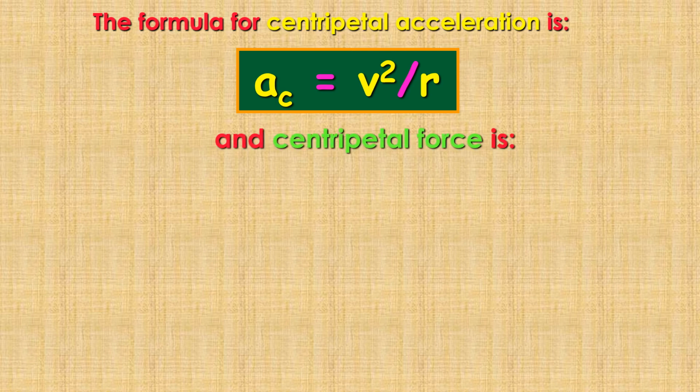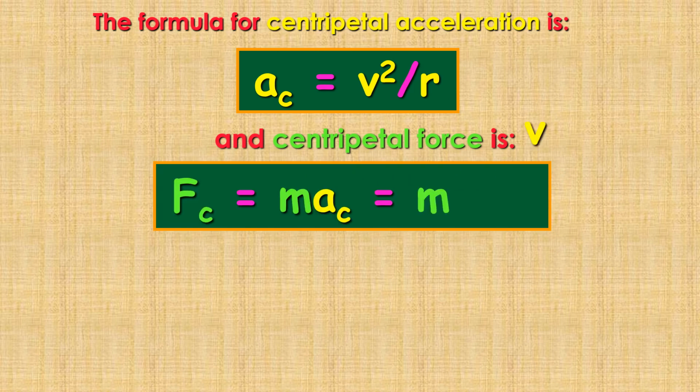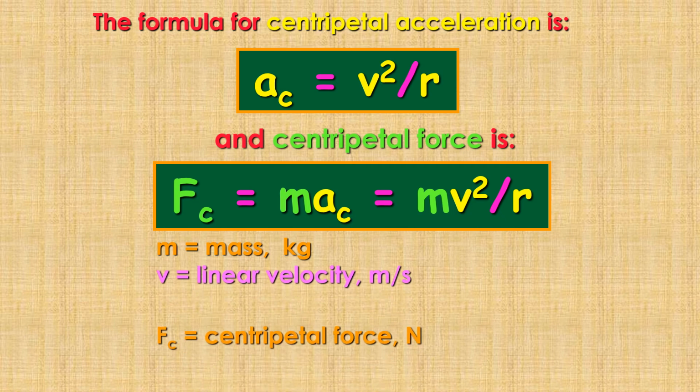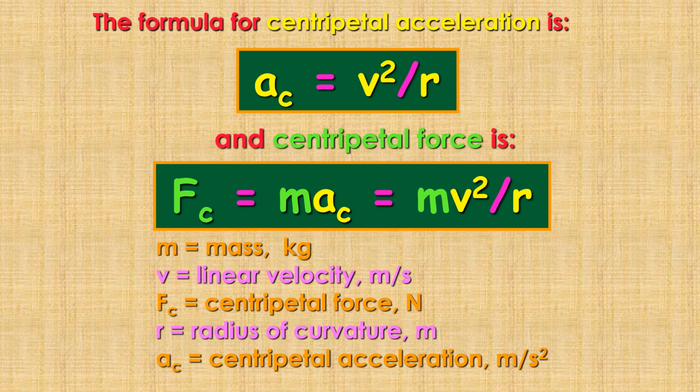And centripetal force is F sub c equals m times A sub c equals mv squared divided by r, where m is the mass in kilograms, v is the linear velocity in meters per second, F sub c is the centripetal force in newtons, r is the radius of curvature in meters, and A sub c is the centripetal acceleration in meters per second squared.